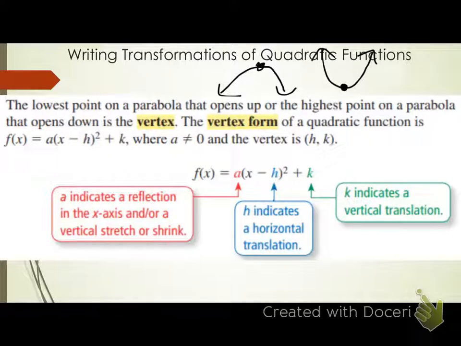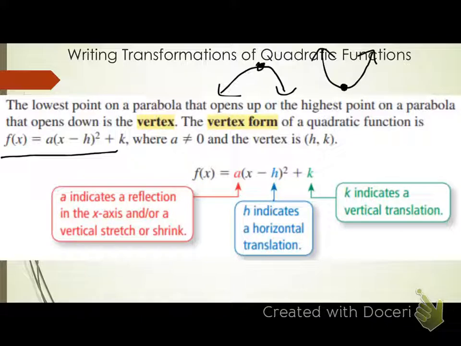The vertex form of a quadratic function is f of x equals a times x minus h squared plus k. You should have that already written down from the first slide. That is what we call vertex form of a quadratic function. I would make sure I knew that.